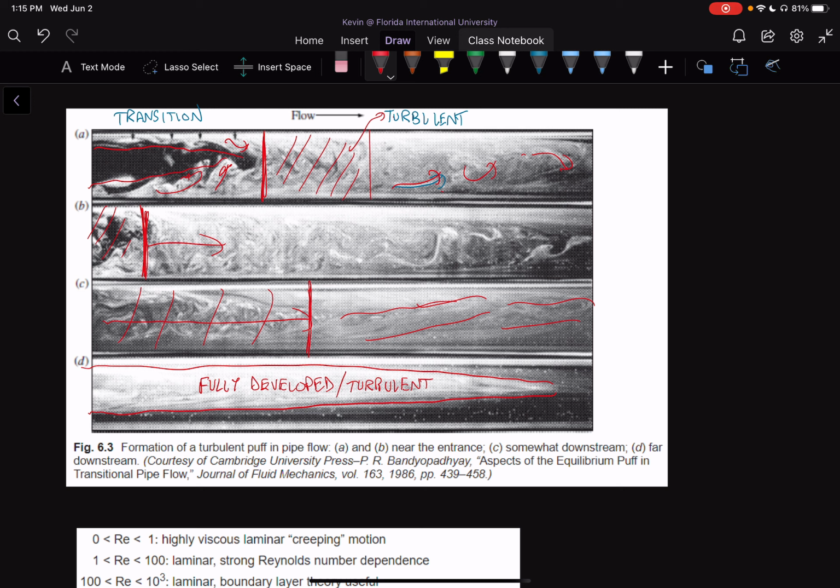So at a Reynolds number of 2,300, we can say that intense turbulence is happening because of this transition, and we call them puffs. So transition, we can also call puffs of intense turbulence at transition.